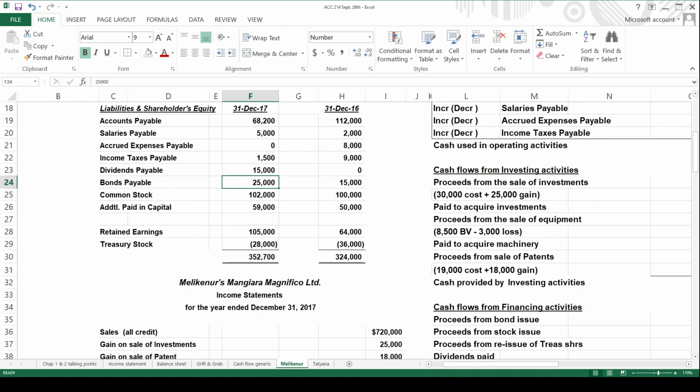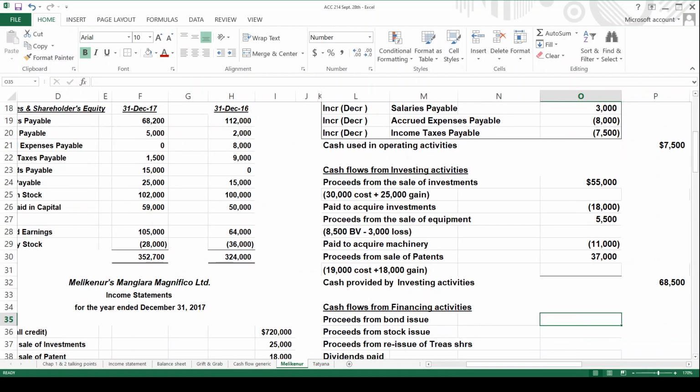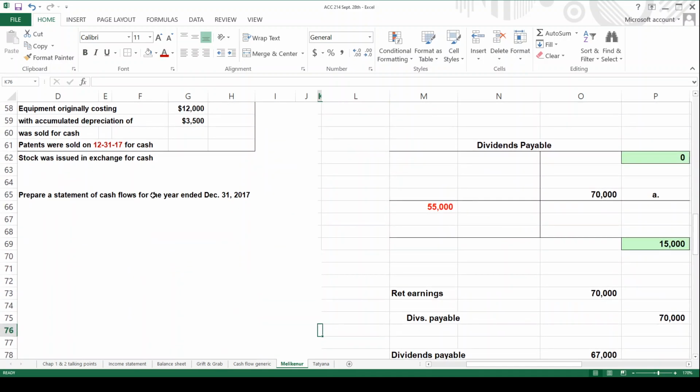And what did we get in return? We got cash. So that's going to be a plus 10 proceeds from bond issue over here. Stock issue, okay? How do we know what that is? It's going to be mentioned down here, right?